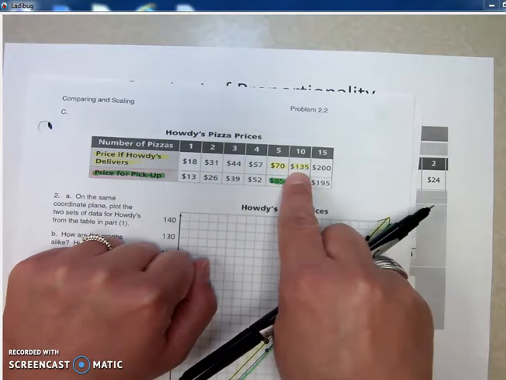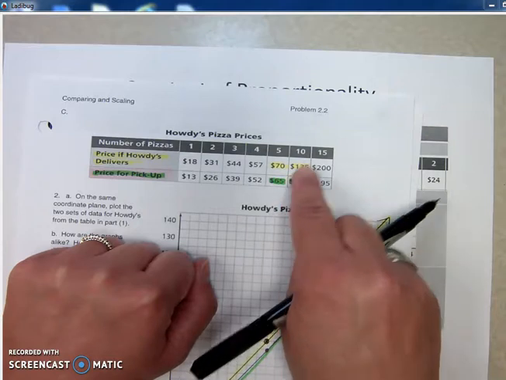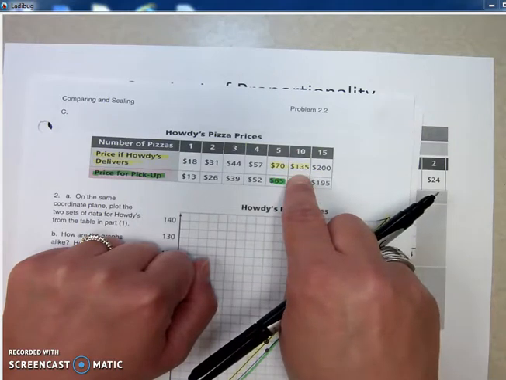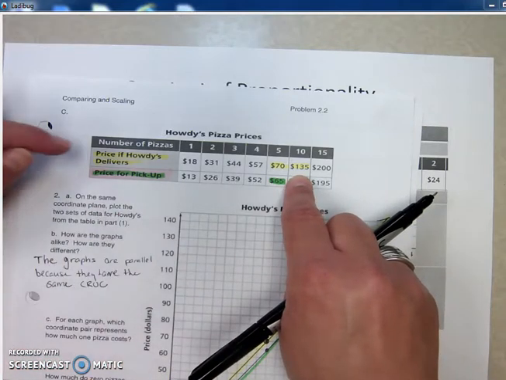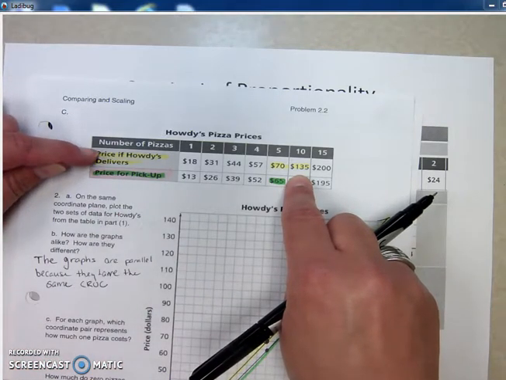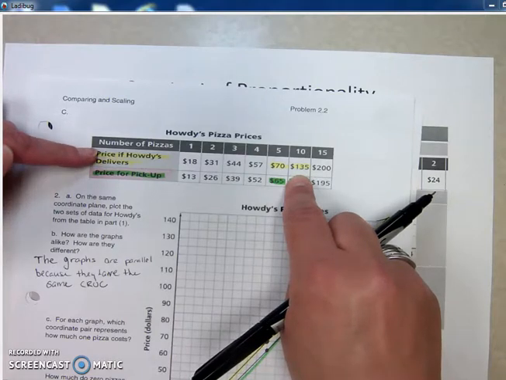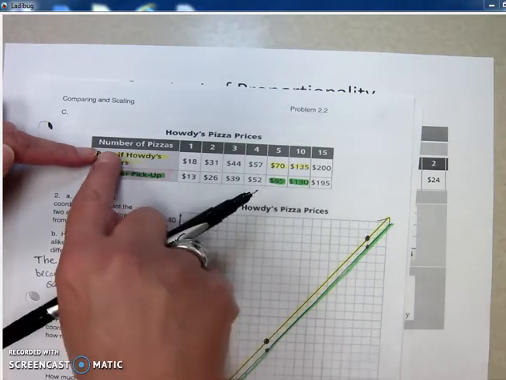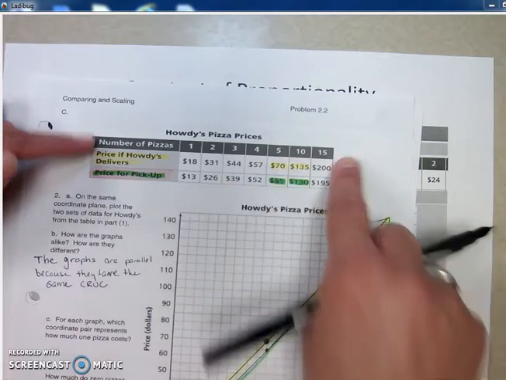Try here 10 pizzas. $135 divided by 10 is $13.50. So do you see how it's not staying the same constant? That's because it's not proportional, because of that extra fee. So the delivery one is not proportional, does not have a constant proportionality.